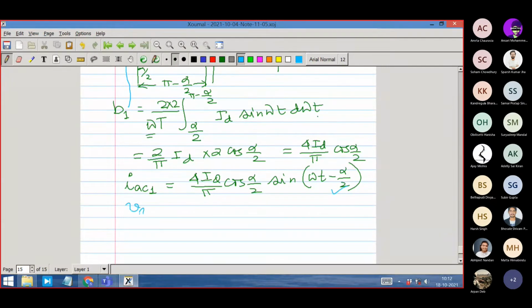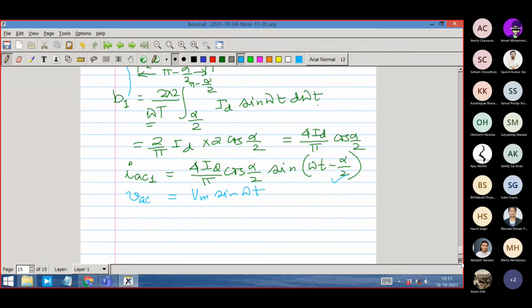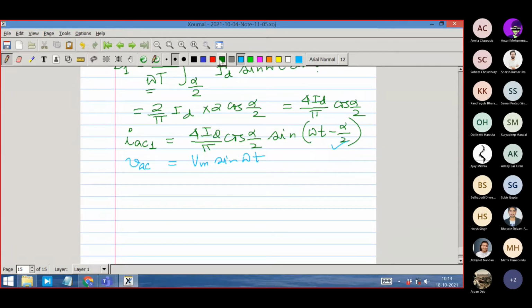That means I am treating VAC is equal to Vm sine of omega t. So therefore the current would be of this expression, right? Now I have got everything. So I will now apply the formula for displacement factor.